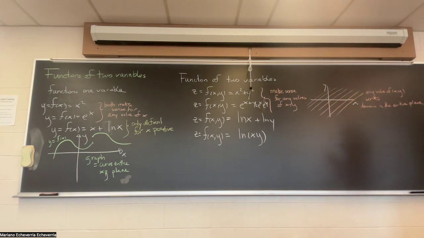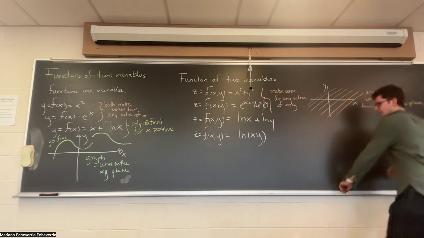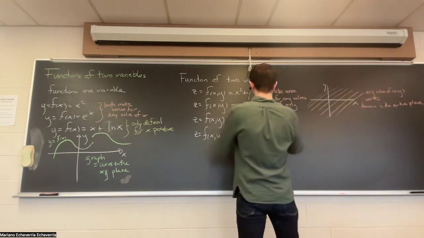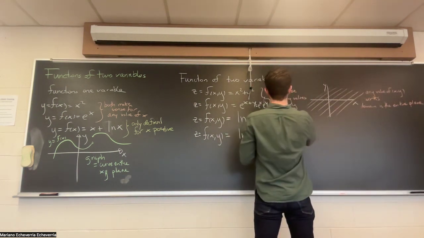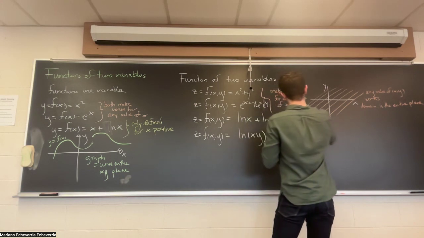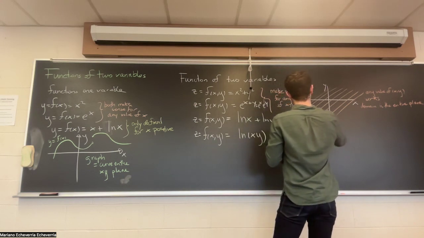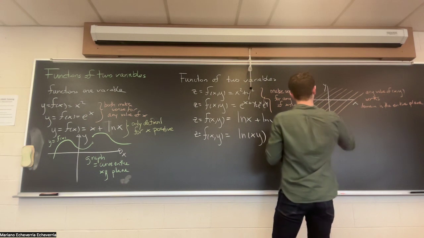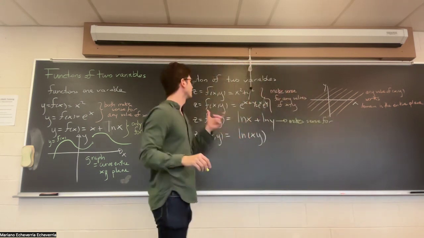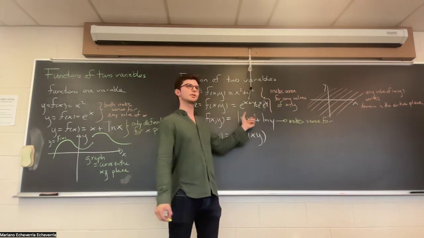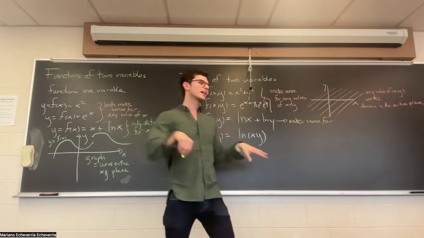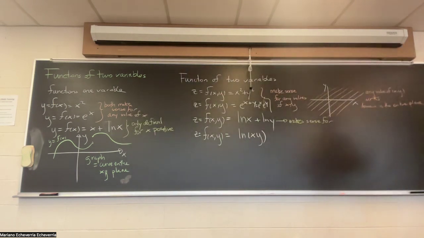Okay, but maybe it becomes more clear if we compare this with, for example, this one. So let's think about this case. You have something like ln of x plus ln of y, and you think about it in terms of a calculator, right?